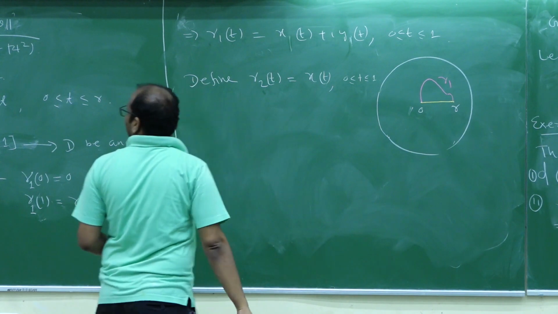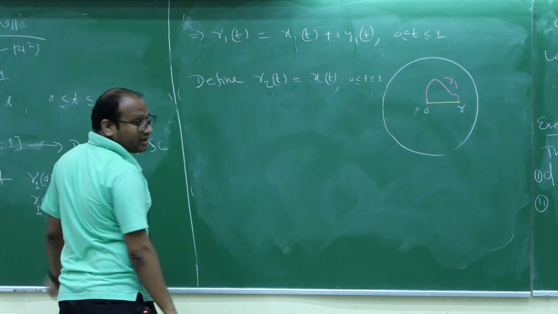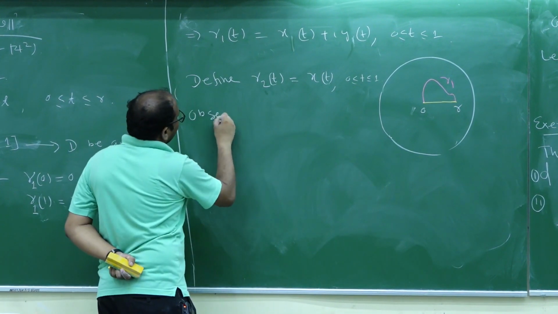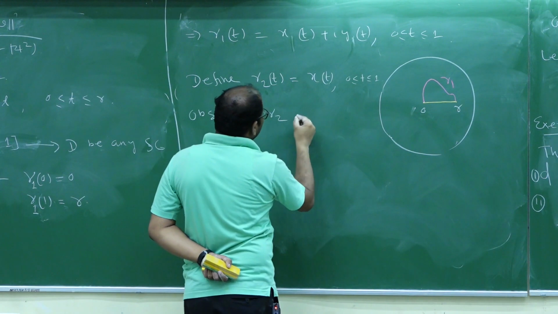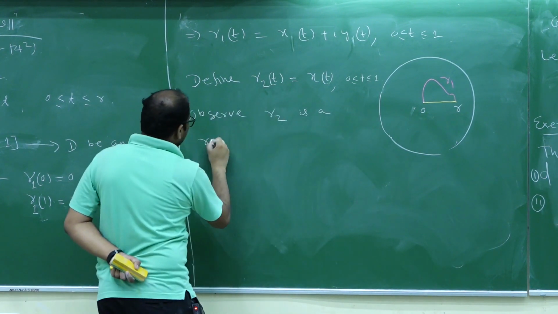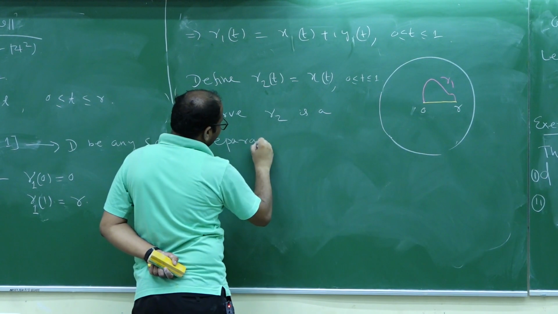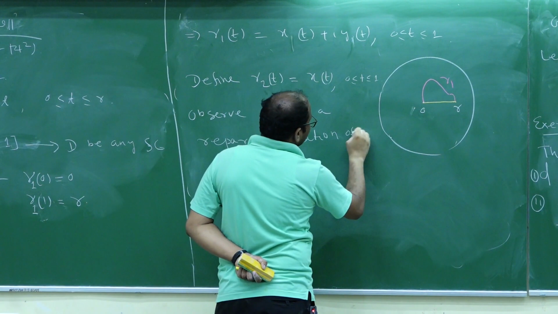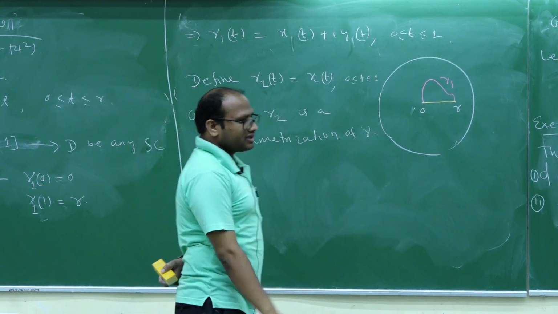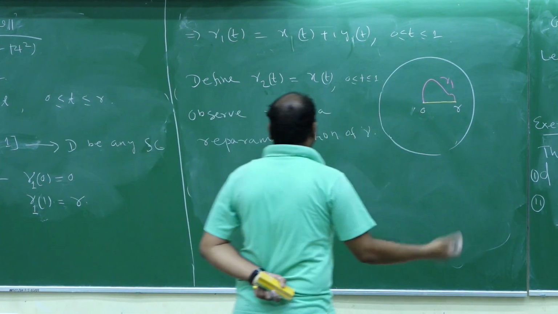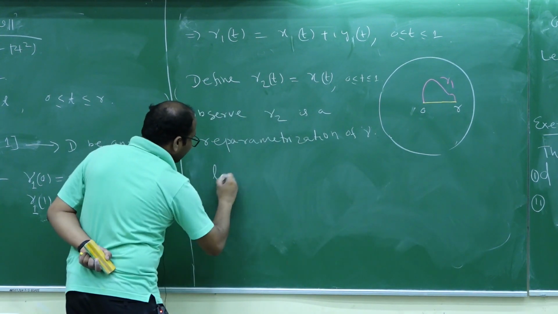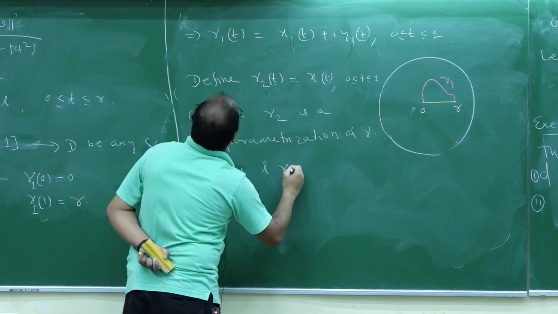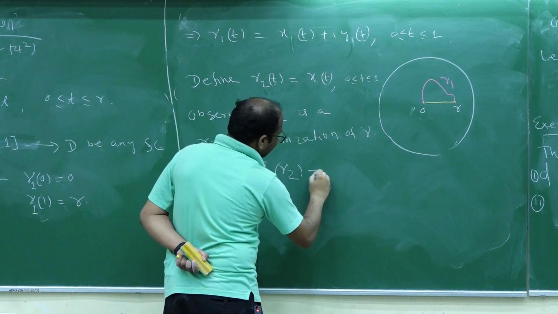So gamma 2 is a reparametrization of gamma. Okay, so you know that the length of a curve doesn't really change when you reparameterize. So the length of gamma 2 is really the length of gamma.